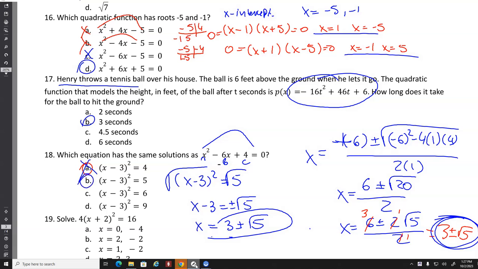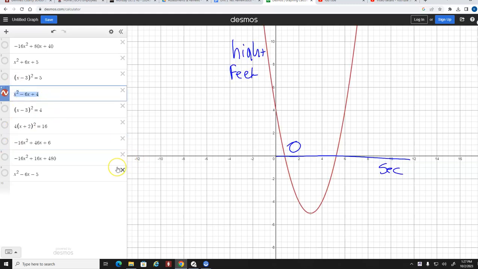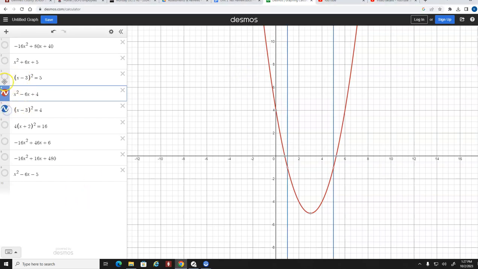But again, if you don't want to calculate all that, you can go to Desmos. You can plug in the main equation. This was the main equation right here. You can plug that one in, and then you can plug in your answers. I only wrote down 2 of them here.